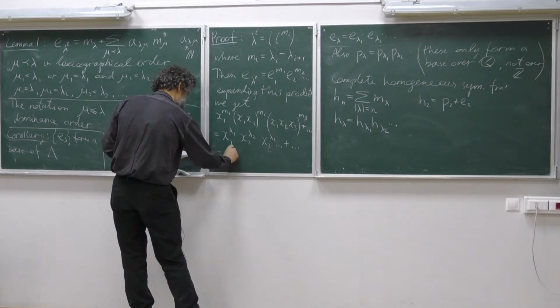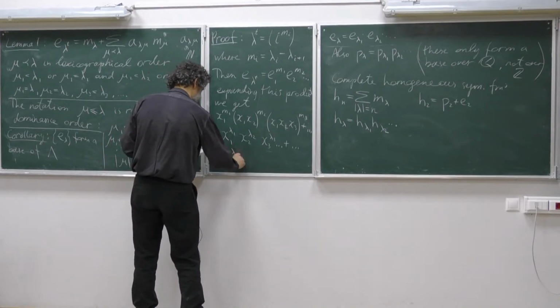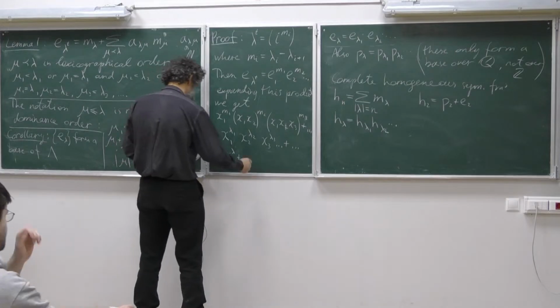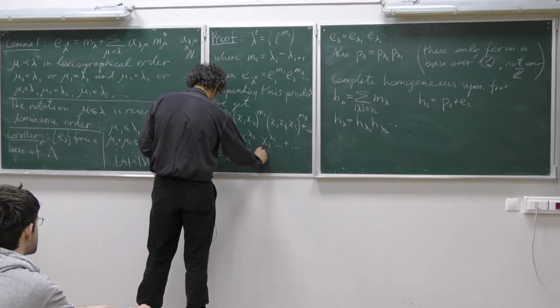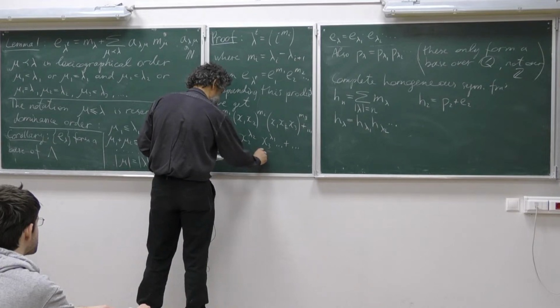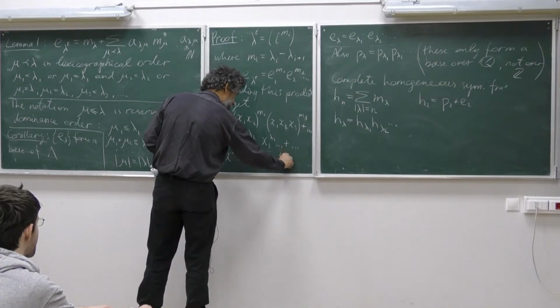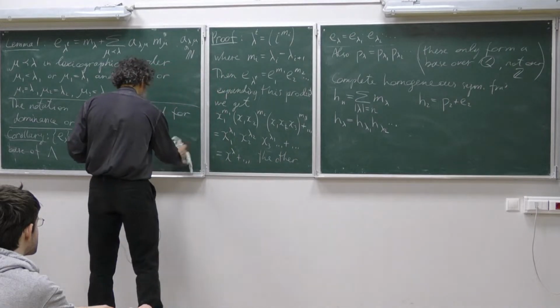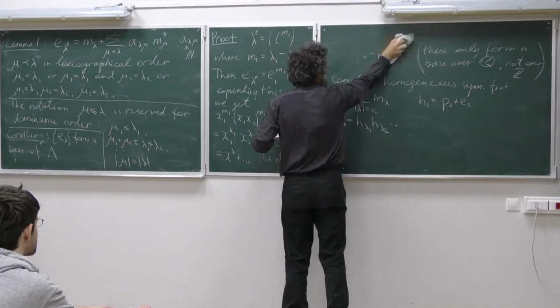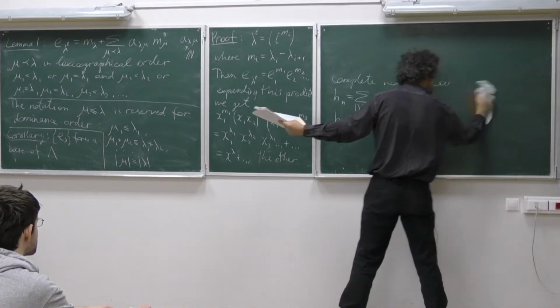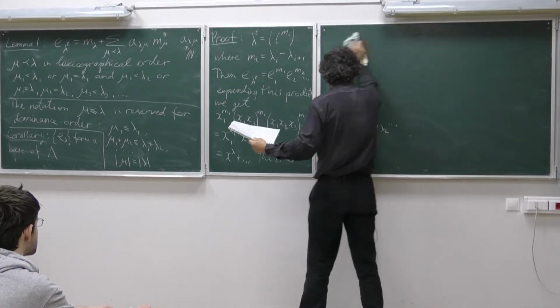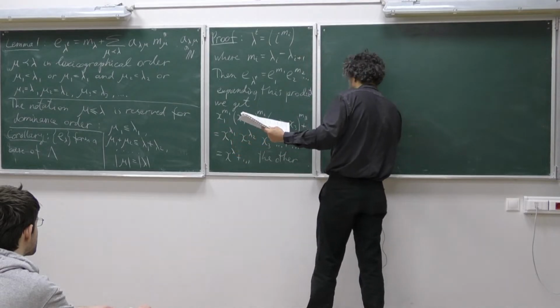So this x to the power lambda plus things, and the other summands are just permutations of this one, plus the other guys that are smaller in the lexicographical order.